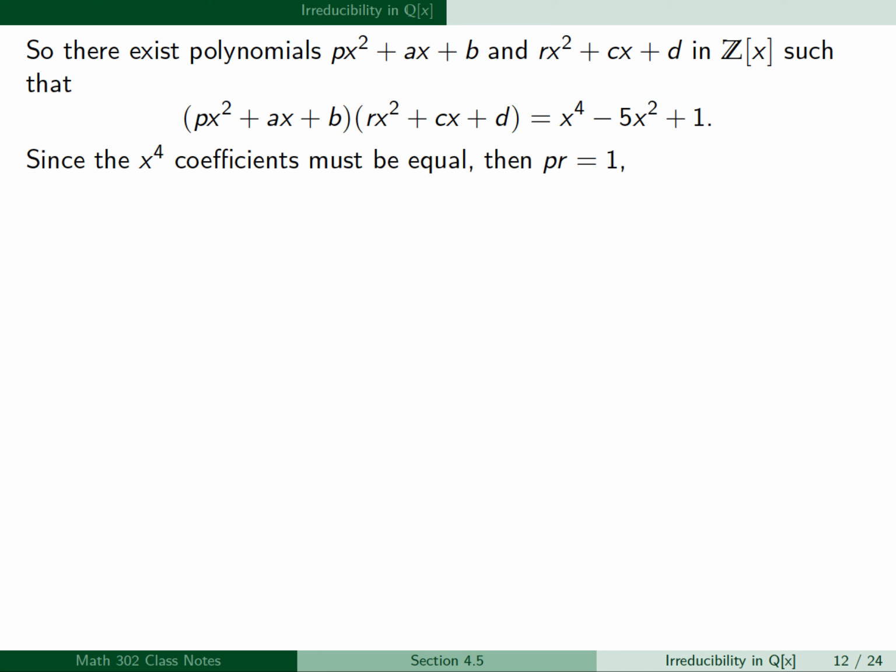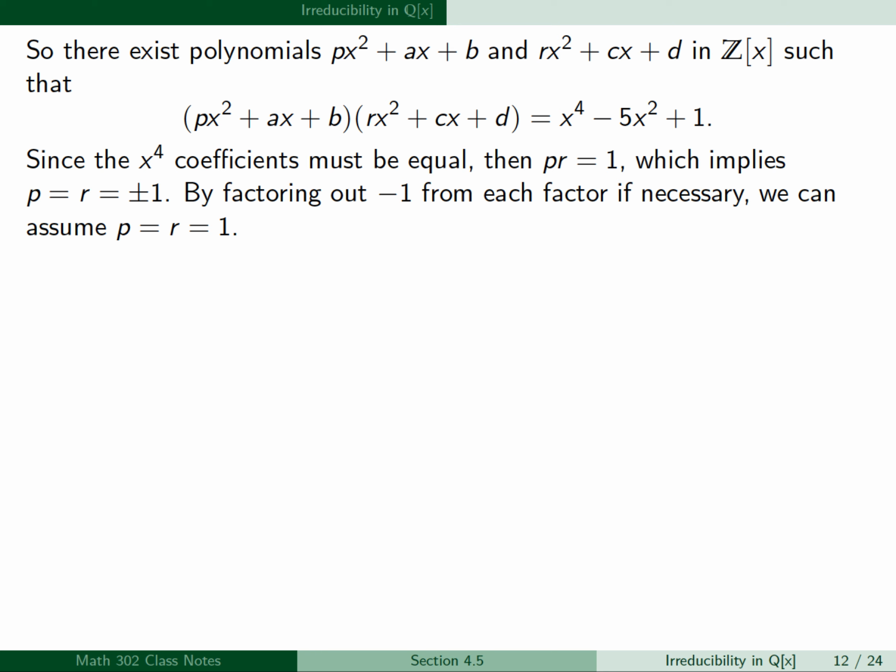Now, since the x to the fourth coefficients must be equal, on the left the x to the fourth coefficient is pr, on the right it's 1, so then pr is equal to 1, and since the coefficients are all integers, this implies that p is equal to r is equal to plus or minus 1.